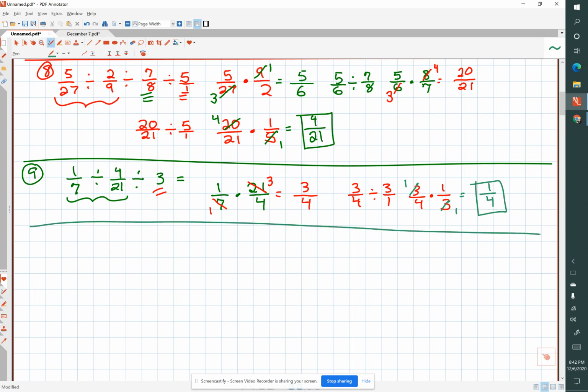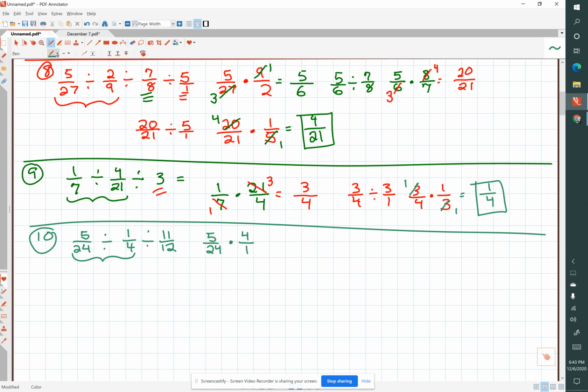So this is problem number 10, and it is 5 over 24 divided by 1/4 divided by 11/12. We'll start with the first 2 numbers. We will multiply 5/24 by the reciprocal of 1/4, which is 4 over 1.